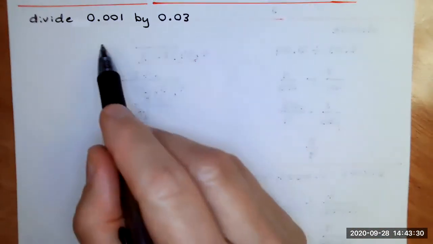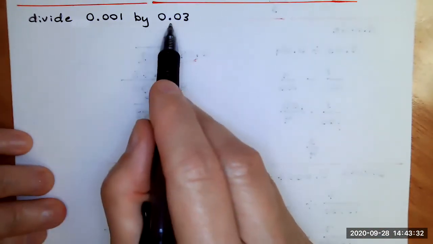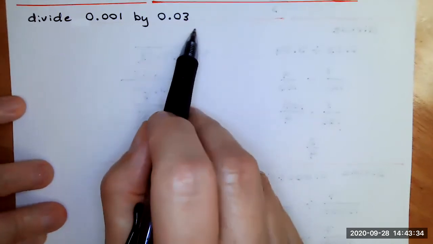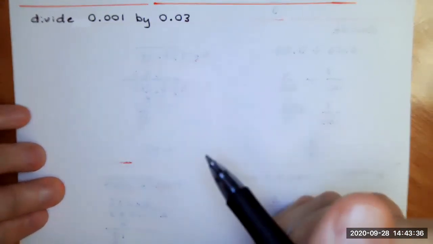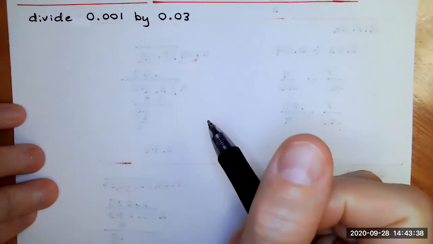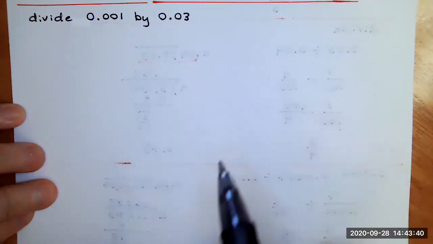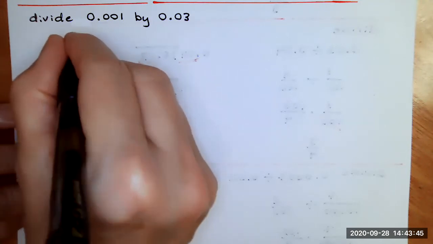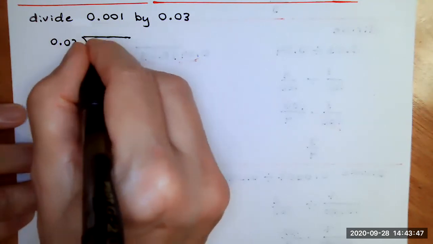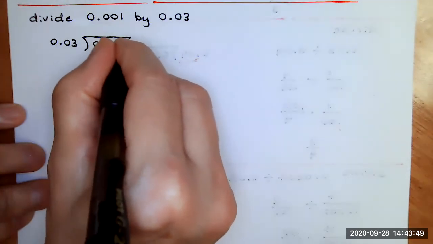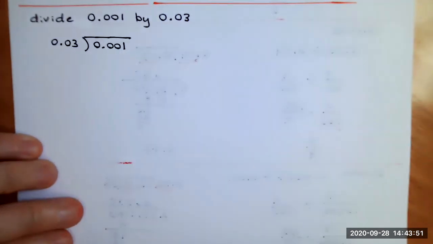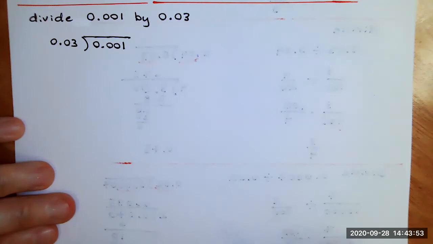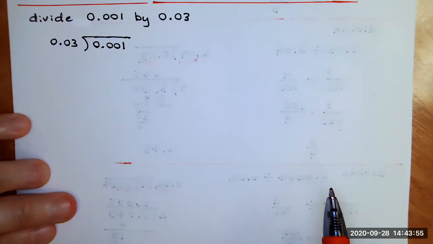All right, let's try dividing 0.001 by 0.03. This would be a good time to hit the pause and try it on your own. All right, so this is 0.03 divided into 0.001. And you ask yourself, how many times do I need to move the decimal point?